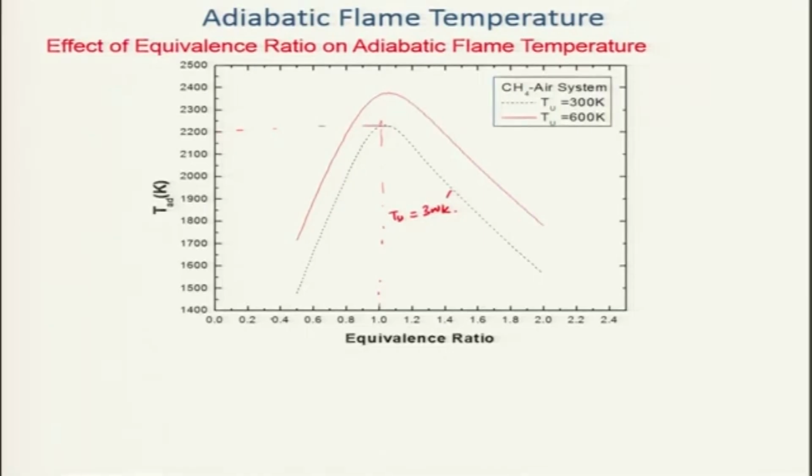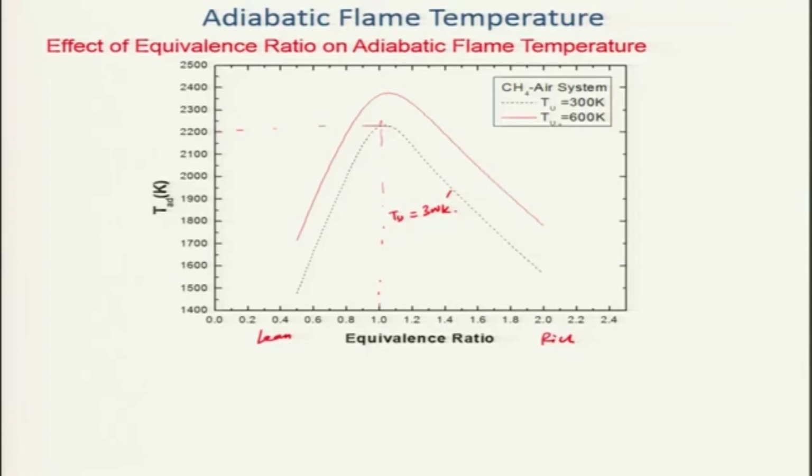This is your lean side, fuel lean mixture, and this is your rich side mixture. Temperature drops down with the lean mixtures, and the temperature also drops down with the rich mixture, but along the fuel lean side the drop is much higher, in other words it has a higher slope.